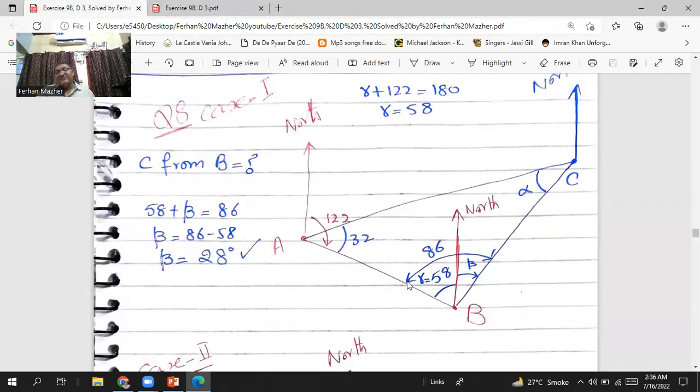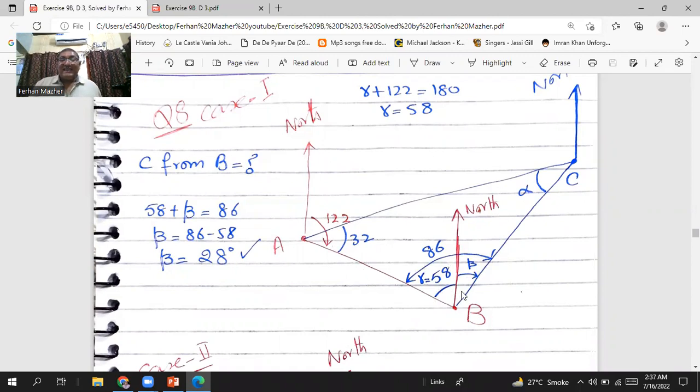So this angle is more than this angle. So that tells me that the BC side should be on the right side of the north on the B. It's a very important thing. How do I know that this should be here? I might have made it here, but I made it here. Why? Because this internal angle is more than this allied angle. So it means that this BC side is on the right side of this north.